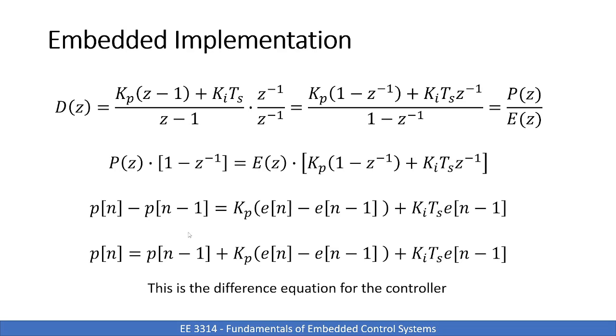It's a first order system, so we only have to retain one historical value. We'll have a variable for the previous controller output and another variable for the previous error, so that we can implement this difference equation iteratively using current error, previous error, and previous output, and then find the current control output for a certain error signal.